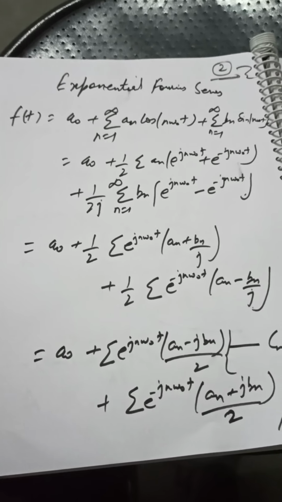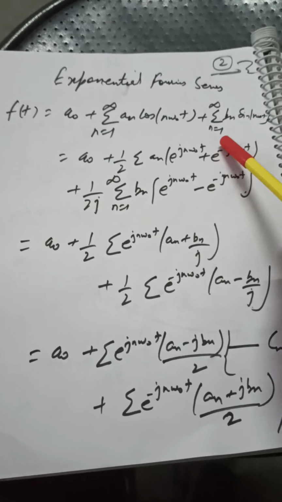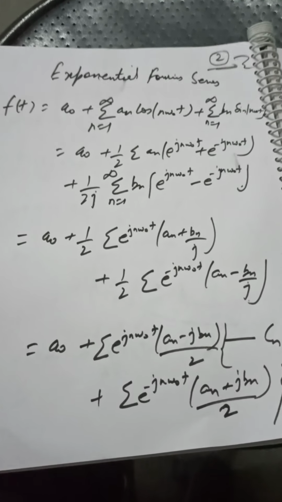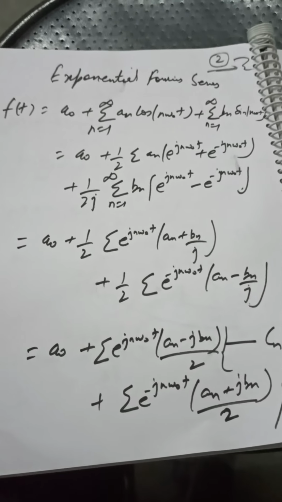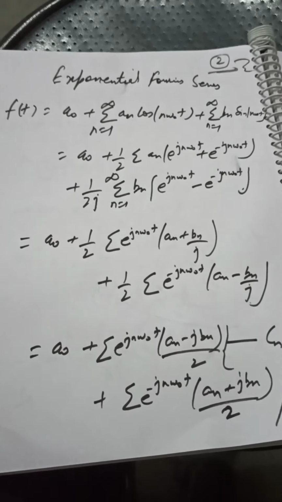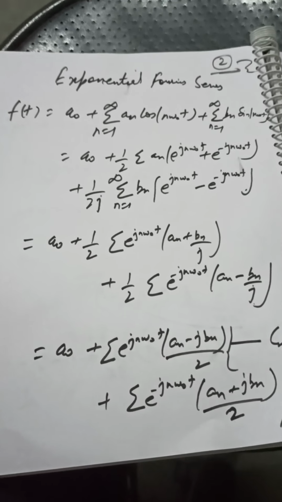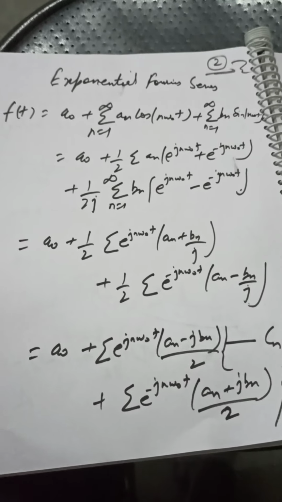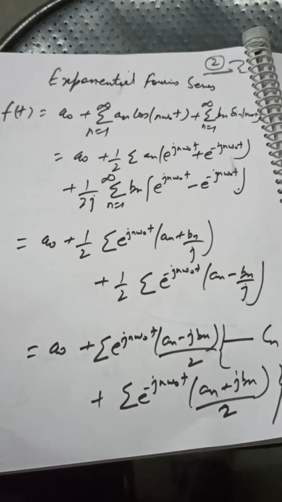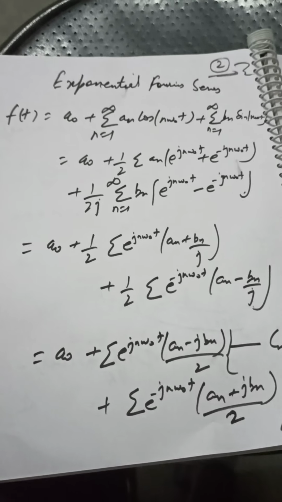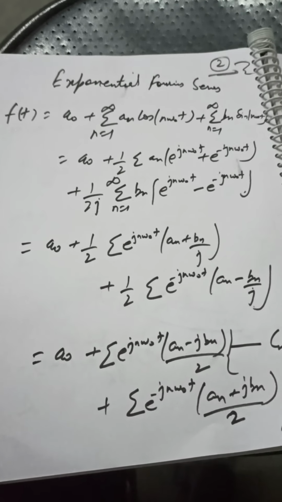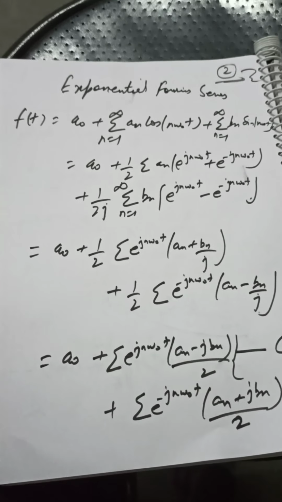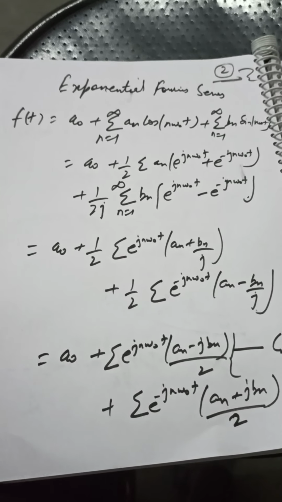Similarly, putting n equals 1, 2, 3, we are sure to get different harmonics. For b1 it will be sine omega naught t. For b2 it will be sine of 2 omega naught t. These things are clear to all of us.